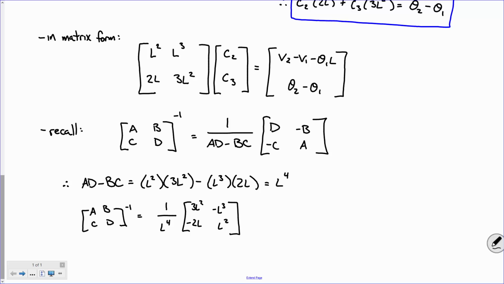Fair statement? Now, just to simplify everything, because I like reducing the symbology as much as I can, could I factor something out of this matrix? Does everybody see a common term? An L. There's an L in everything, right? So if I take L and bring it out, L over L to the 4th, that's just 1 over L cubed. So just to keep everything simple, I'll say 1 over L cubed, and then we've got 3L, minus L squared, minus 2, and L. Just less exponents, less stuff to write.